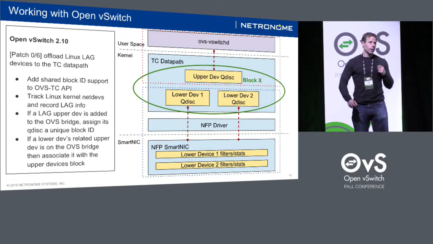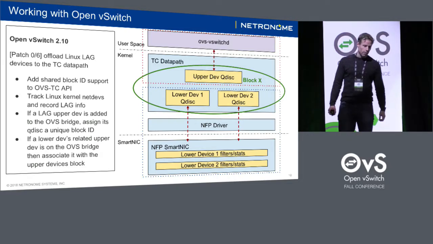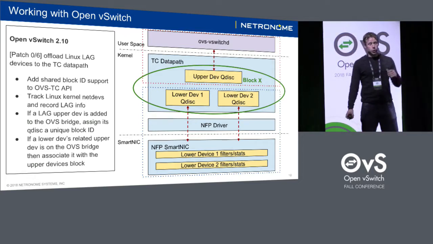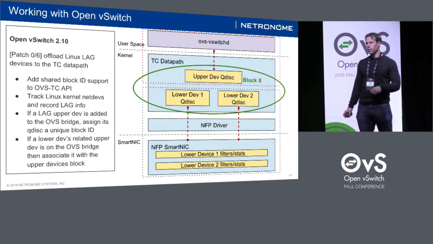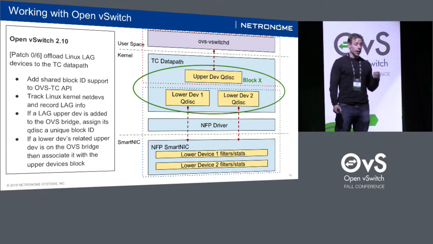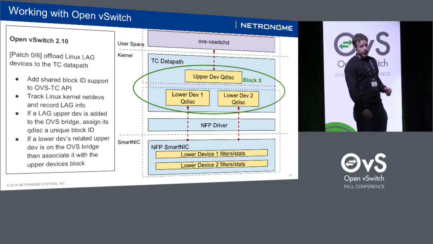So if a lag device or upper device, say a bond master, is applied to an Open vSwitch bridge, instead of just adding a QDisk to this that may be used for TC offload, we apply a QDisk and a unique block ID to this upper layer device.